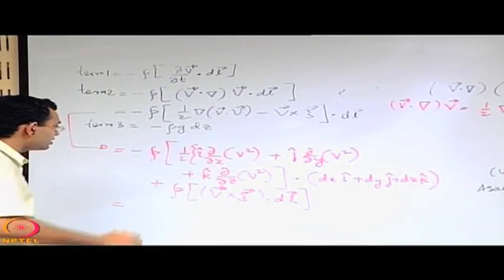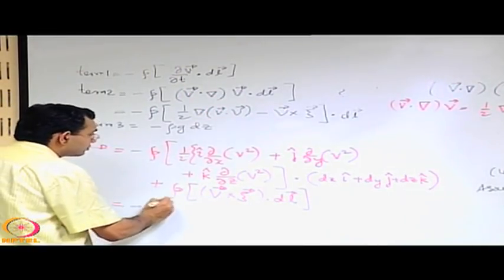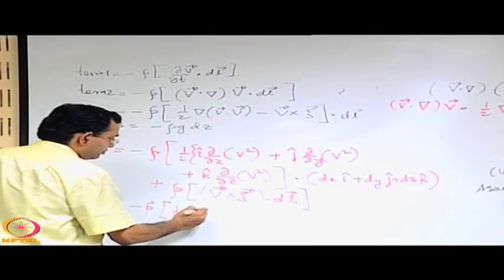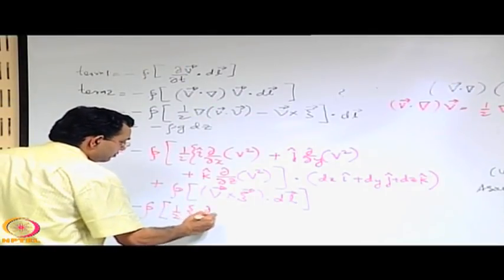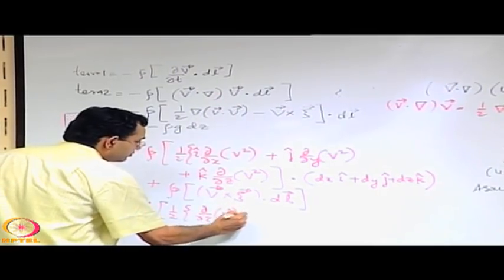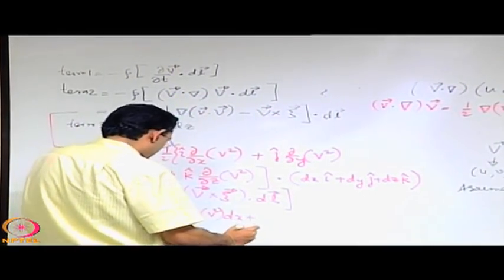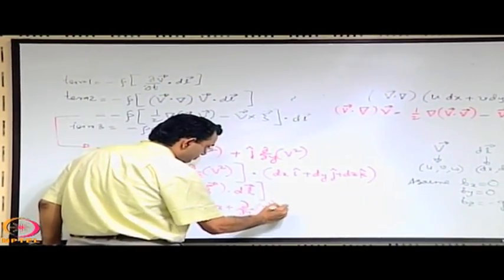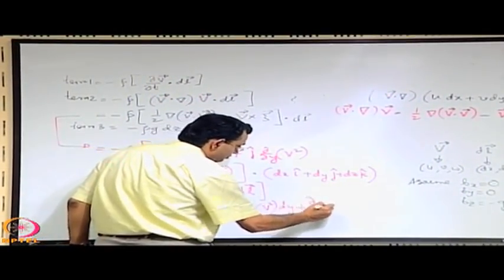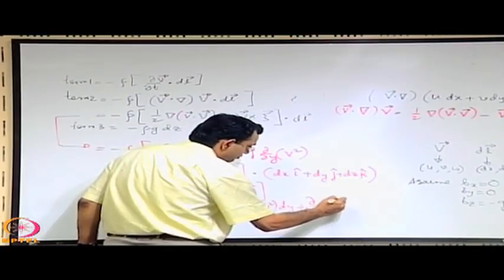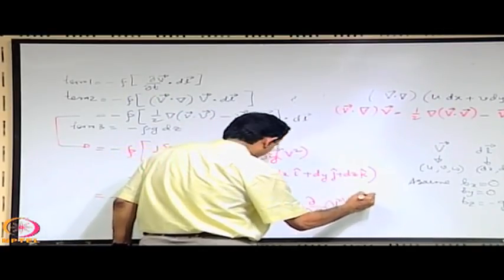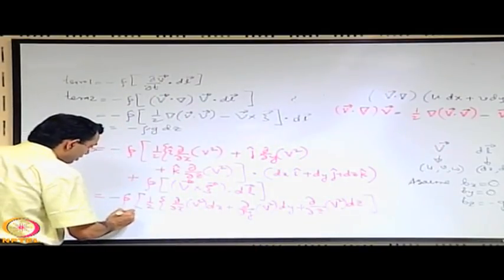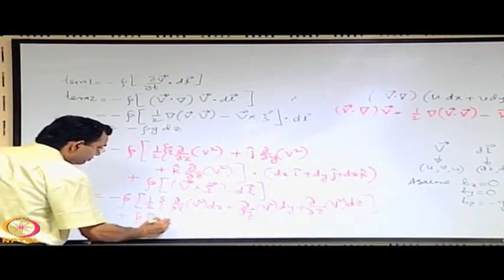So what does the first term look like? Half, that is the first term of the term 2, and then rho.